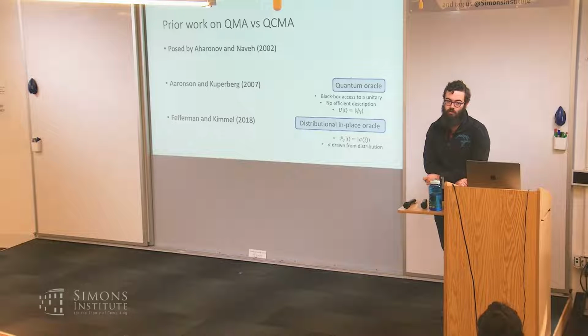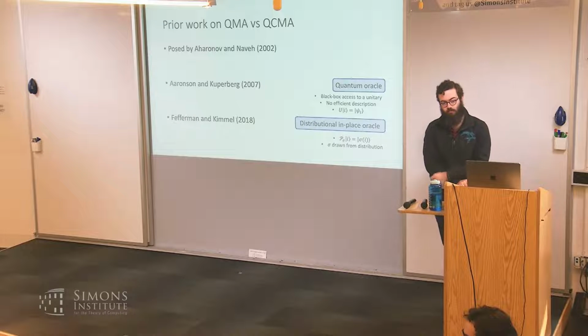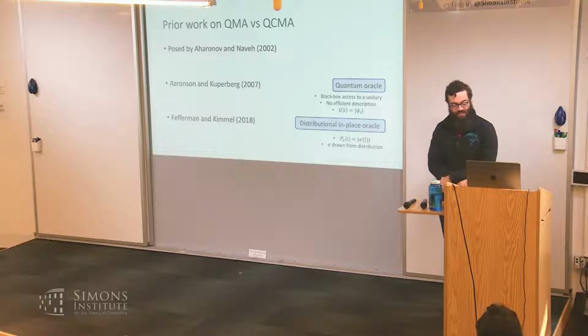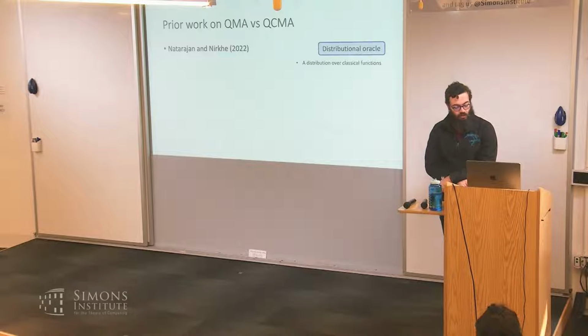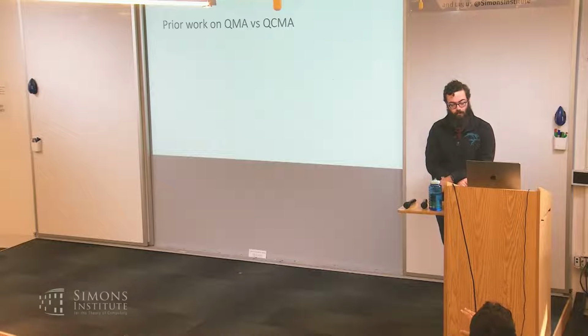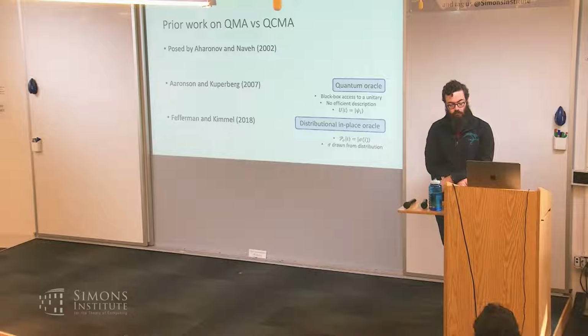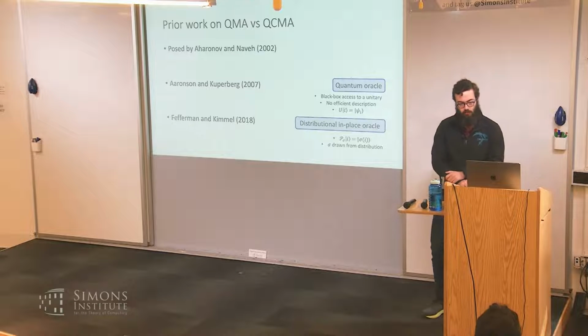Even if you allow exponential description, usually you can describe it. To describe a classical oracle, you need an exponentially long string. This you need doubly exponentially long. Yes, I guess there's no efficient description. So the U there is a 2^n by 2^n unitary? Yeah, it's a Haar random unitary over n qubits.